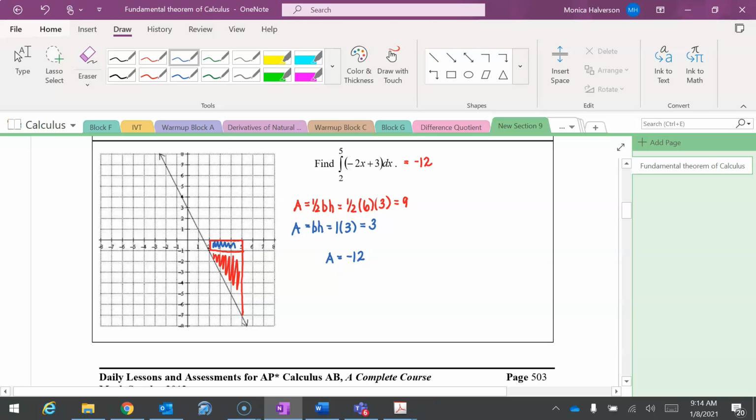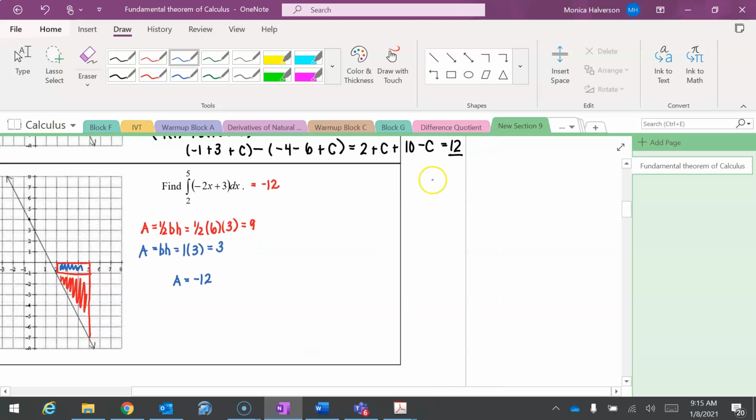And so something of importance is that if the area represented by our definite integral is bounded above the x-axis, the definite integral will equal a positive value.